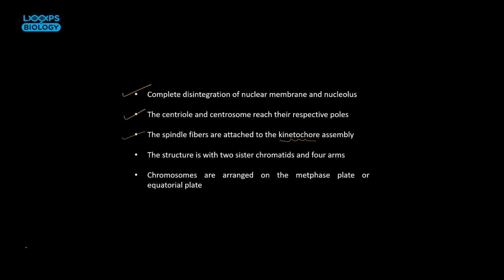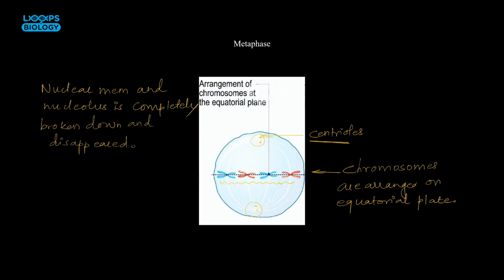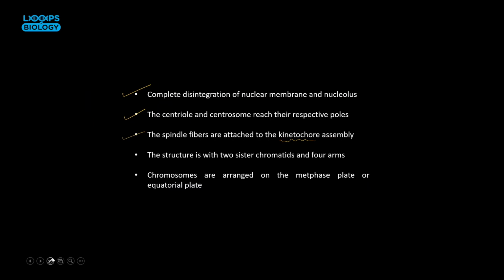If I'm talking about structure, this is one sister chromatid and this is another sister chromatid with 4 chromatid arms. So there are 2 sister chromatids which is equivalent to 4 chromatid arms. Alright. So next one is chromosomes are arranged on the metaphase plate, or it is called the equatorial plate.